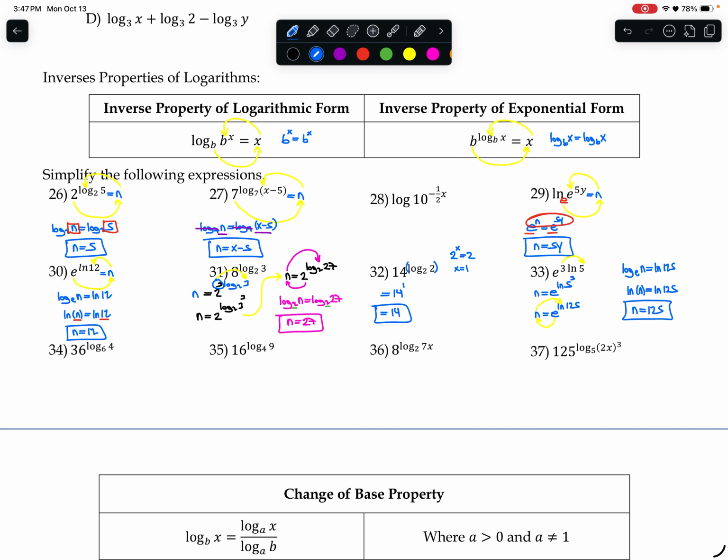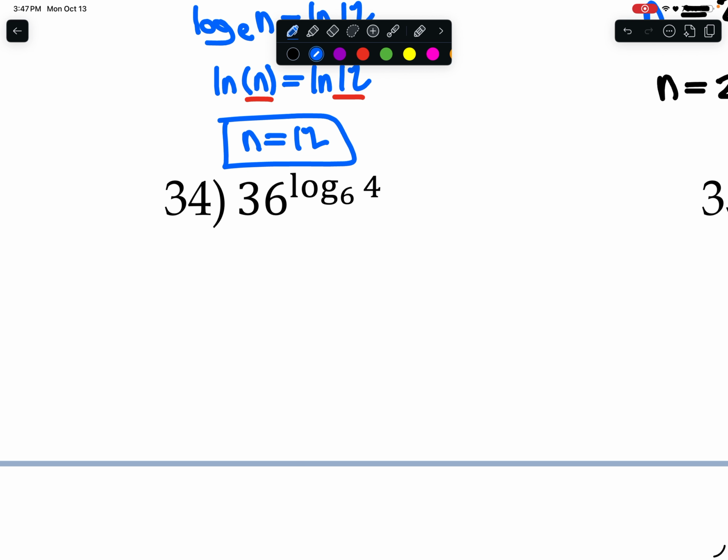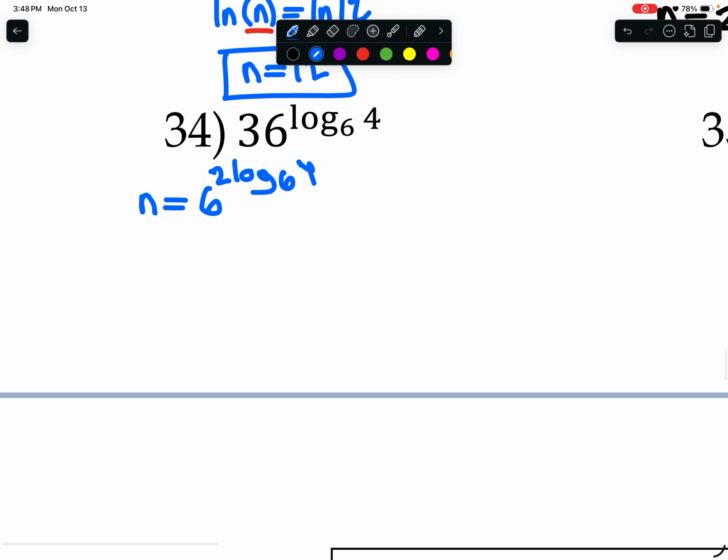All right, 34. So with this one, same idea as before. I need the exponential base and the log base to be the same. So I can rewrite 36 with a base of 6. So my mystery value is 6 squared, then times log base 6 of 4. I'm going to move the coefficient of the exponent to the exponent of my argument.